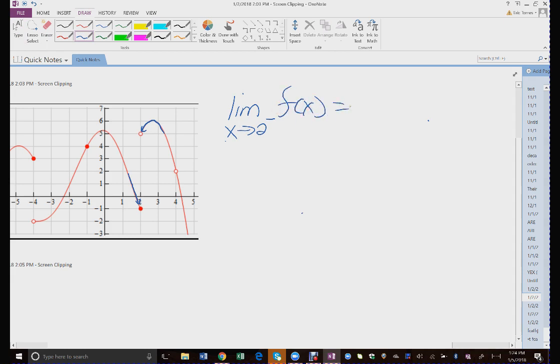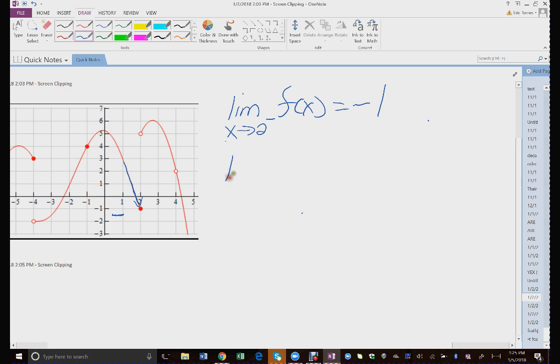Equals, well, on the left side, that's this side, left of 2 is the negative side. We're approaching a y value. And we're approaching, on this graph, the y value -1.